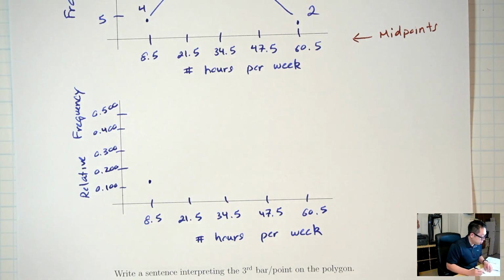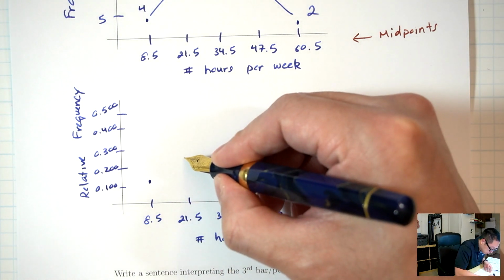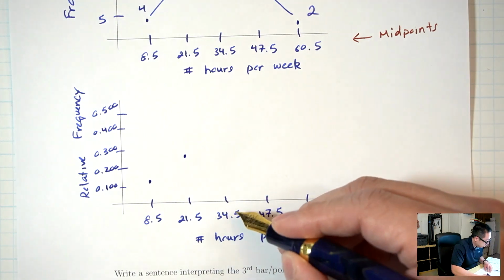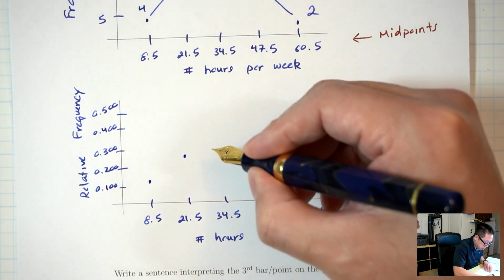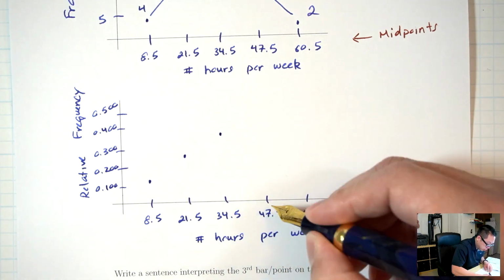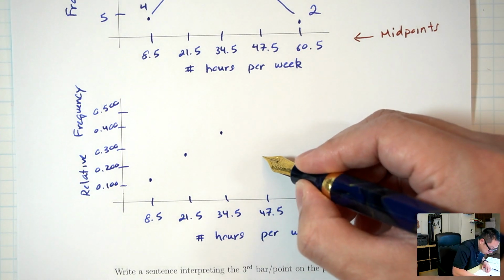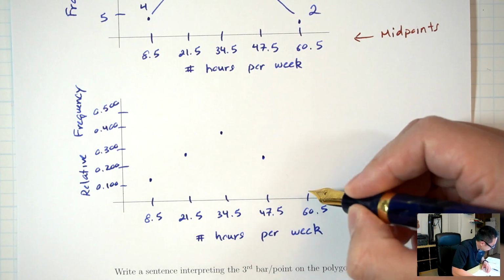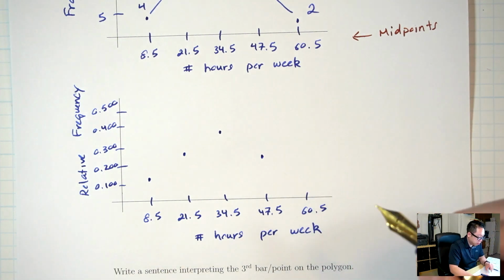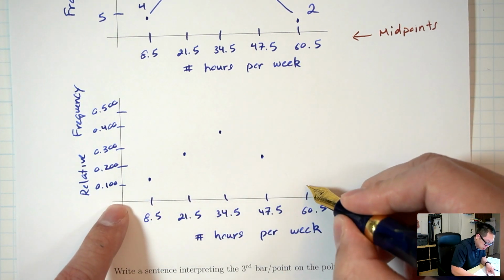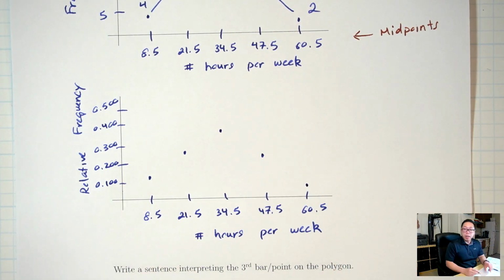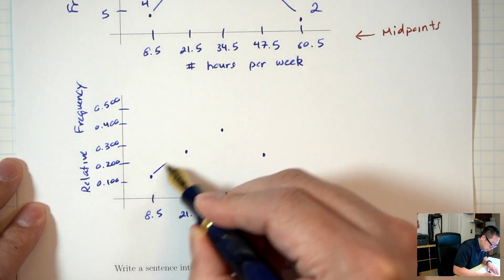The next one is 0.263. The next one is 0.342. The next one is 0.237. And the last one is 0.053. So 0.053 is below 0.100. So that's down here. And then connect with lines.